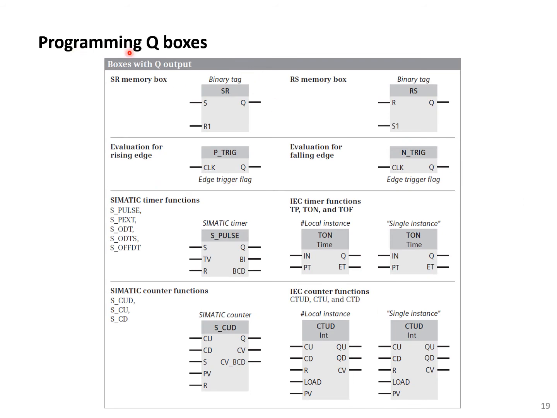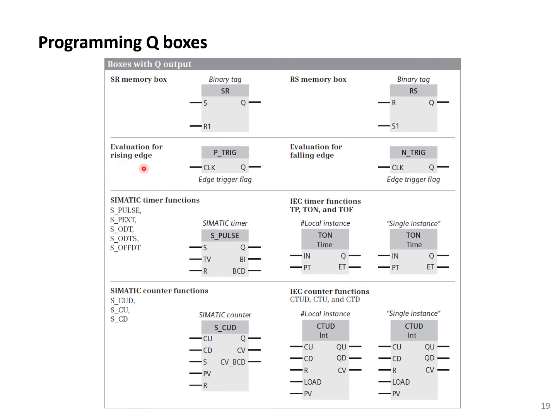Programming queue boxes. On queue boxes, one type is SR memory box and RS memory box. The difference is that set is dominant here and the reset is dominant on this one. We have evaluation for rising edge and evaluation for falling edge.